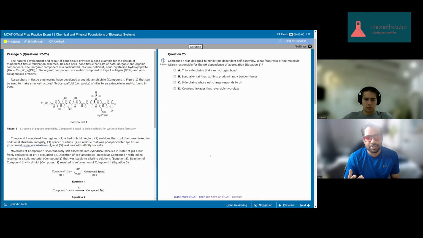So let's just see. They're saying that there's aggregation happening in equation one. If we look at equation one, what happens there? Acid base stuff, pH stuff.